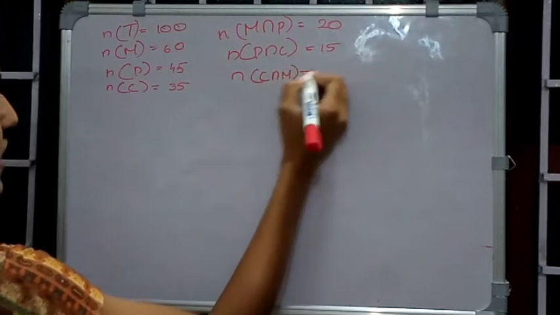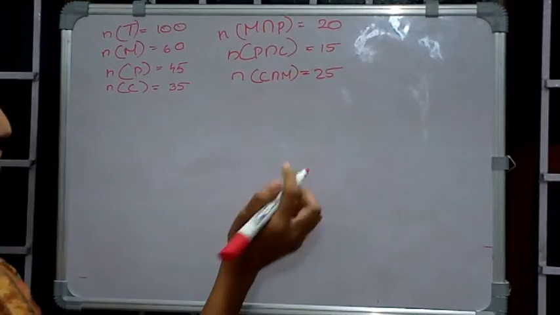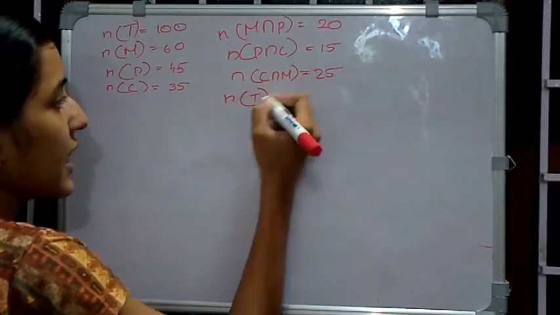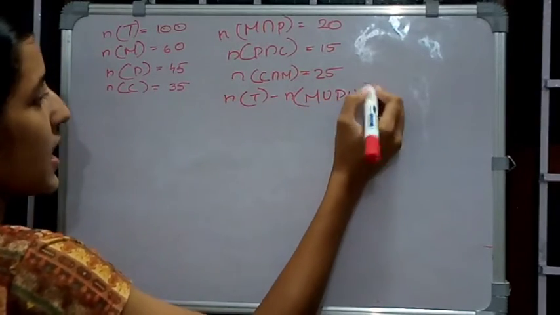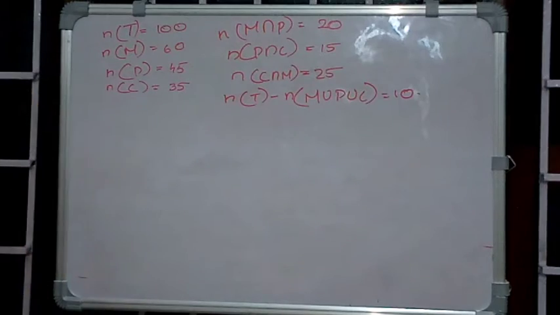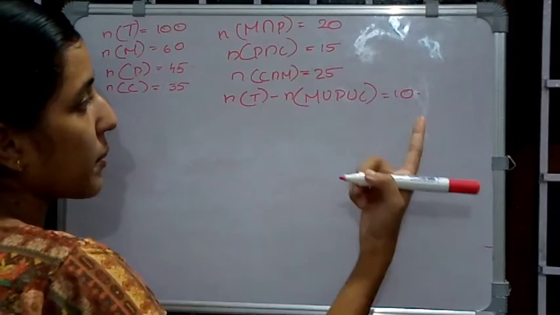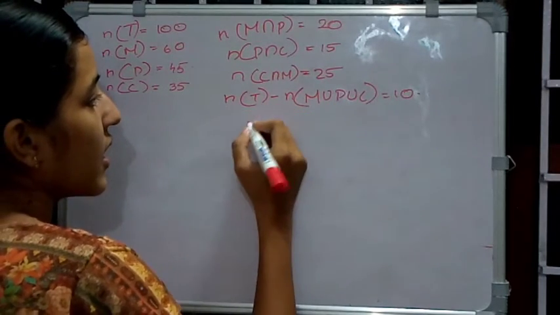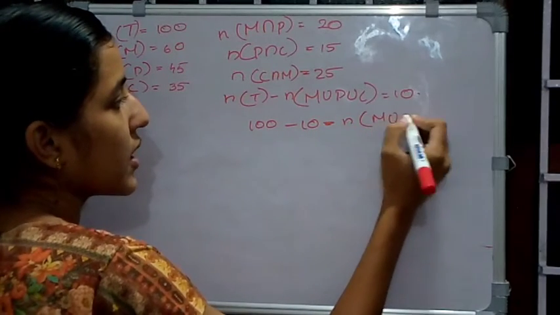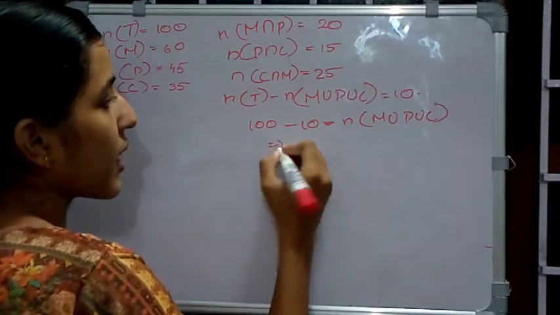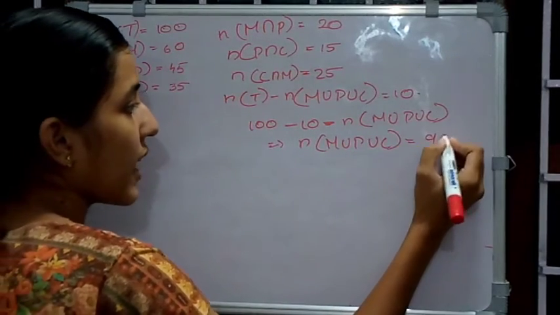It is also given that 10 students study none of the subjects, which means n of T minus n of M union P union C is equal to 10. So from here we can find n of M union P union C, which will be 100 minus 10, that is 90.